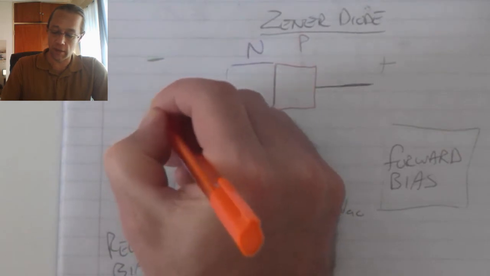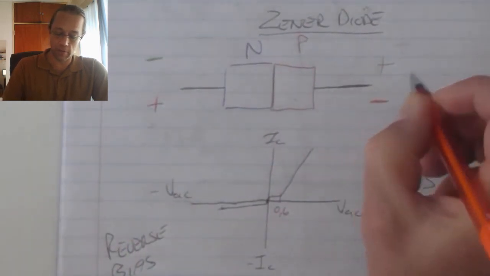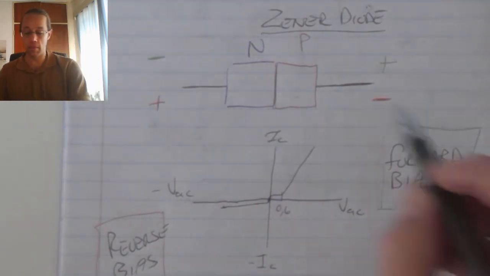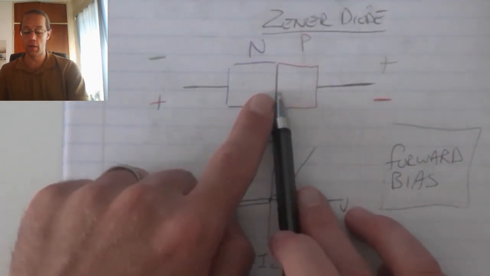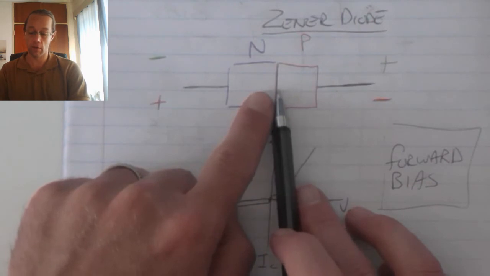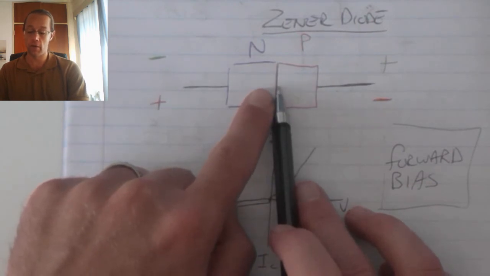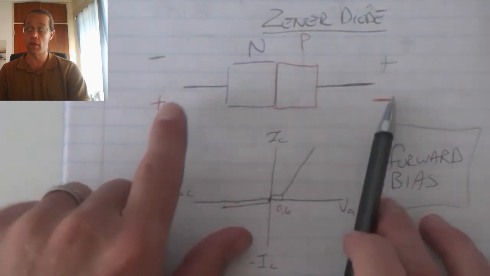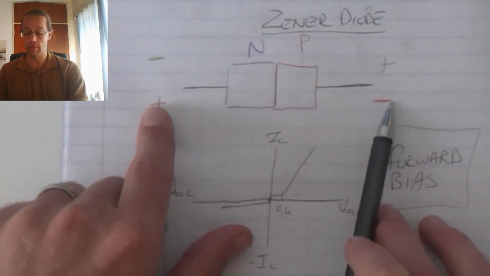So if I've got a positive and a negative connected in order to reverse bias my depletion region, what happens is that depletion region increases, but because of the light doping of the Zener diode, that depletion region increases very quickly in connection with the size of the applied voltage.